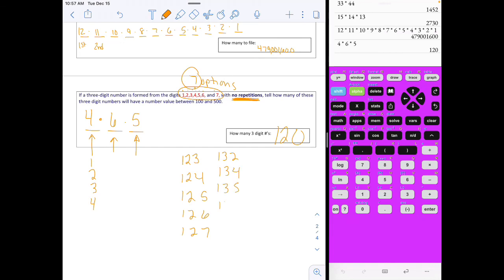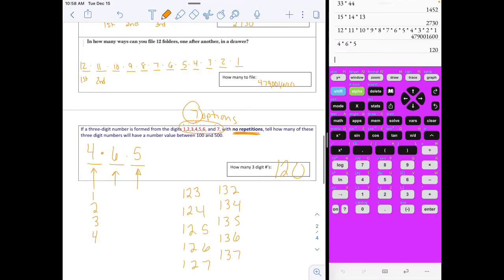I could do 136. I could do 137. But the idea is you have to stay between 100 and 500 and only use those digits that are given to us. And while it is kind of crazy, there are exactly 120 different options that I could list. If I kept going with my big long list right here, I would end up with 120 different options.